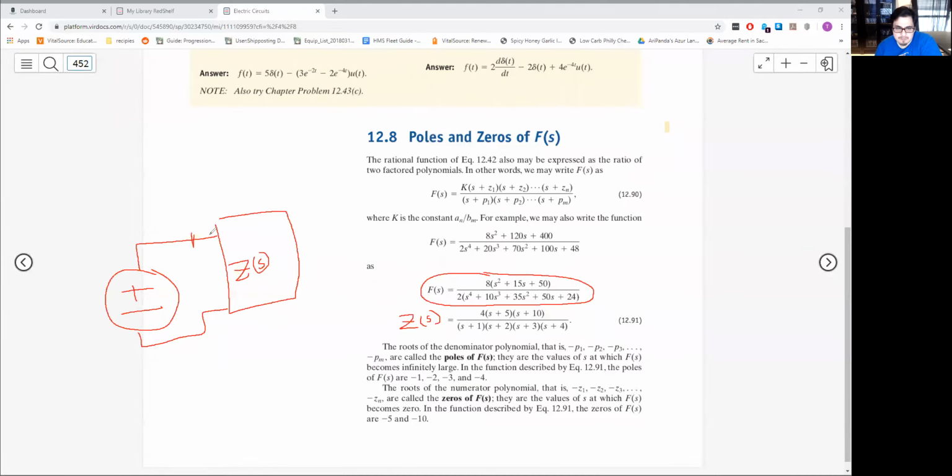And there's current going in, right? V of S, I of S, right? To figure out how much current is going through, we're going to use impedance, right? I of S is going to equal V of S over Z of S.